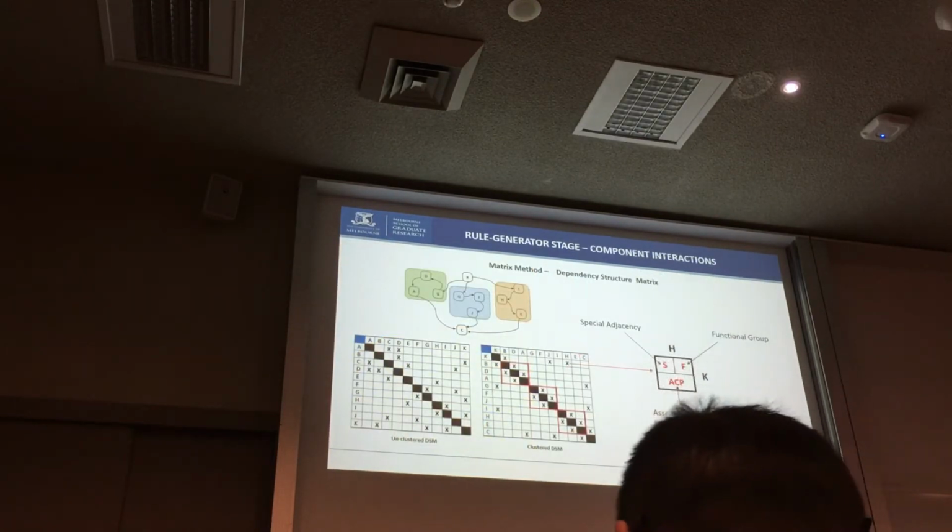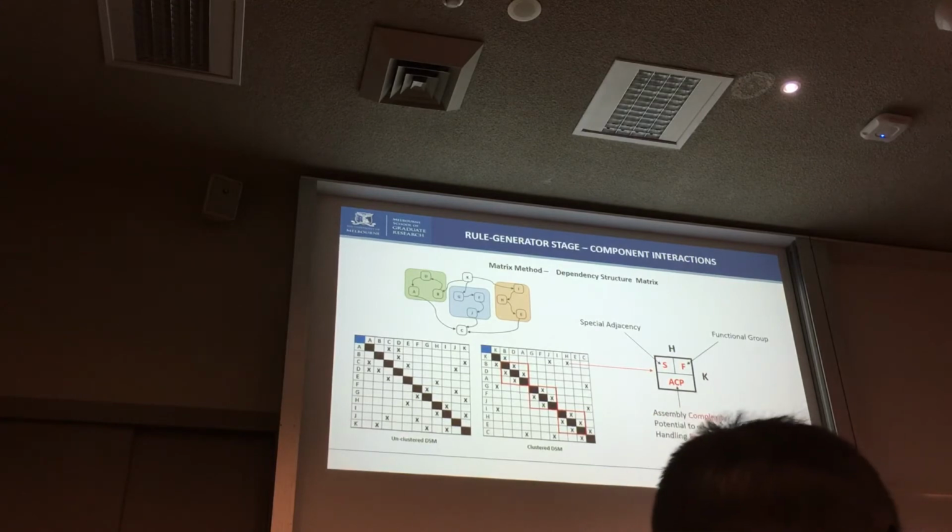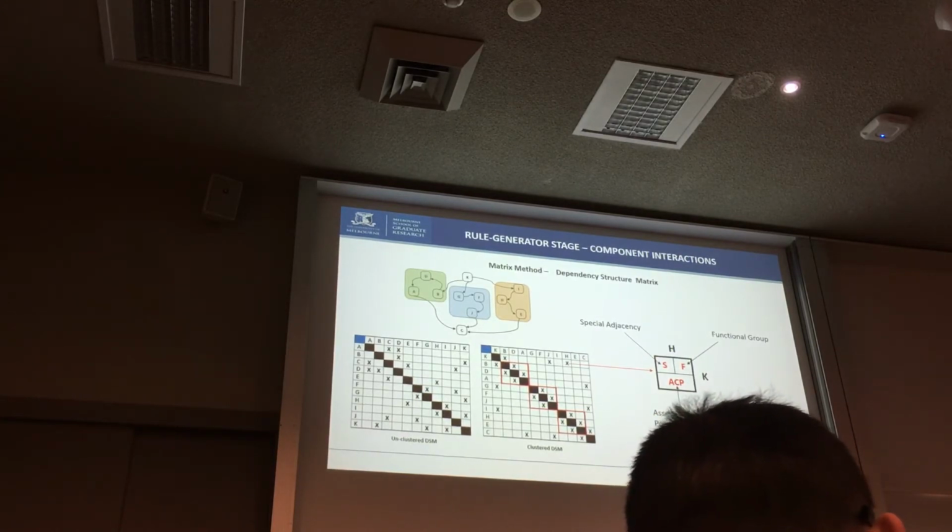So in order to show the interaction between different components, the objectives of the study were to address the spatial adjacency, functional group, and also the installation or the assembly cost of different components. So we have to come up with a cost penalty matrix or a value that represents the interaction strength, taking all these components into consideration.